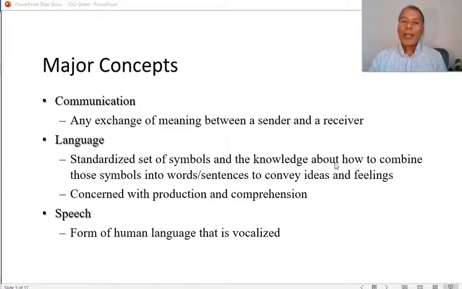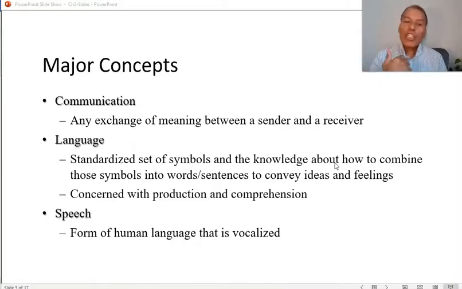So again, communication is the domain, the major umbrella. One kind of communication is language, okay? And part of communication is body language. So language includes 5 components that we will speak about. Language is about meaning, linguistic meaning of concepts.